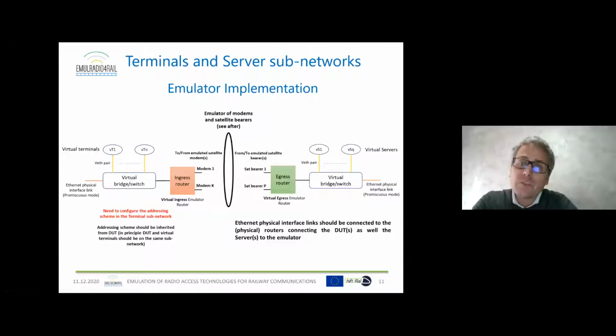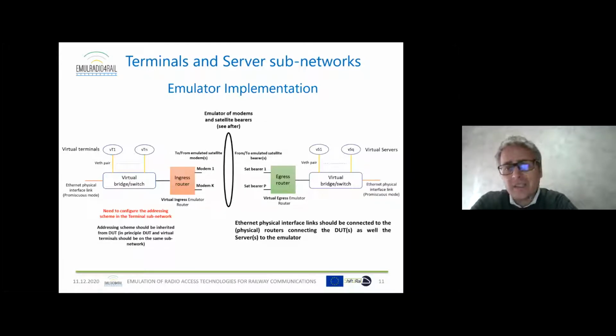So we can consider not only one satellite bearer, but different satellite bearers at IP level. On the right, we have the egress router, able to connect to the other endpoint of the satellite bearer.